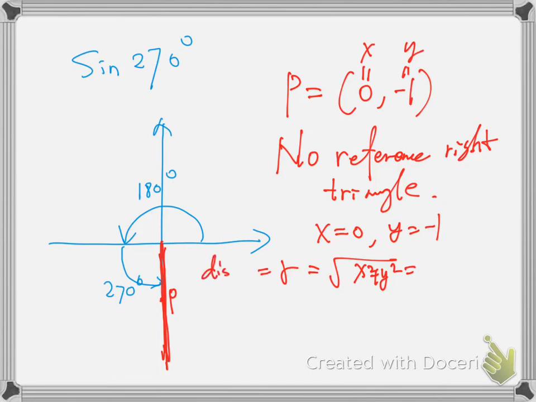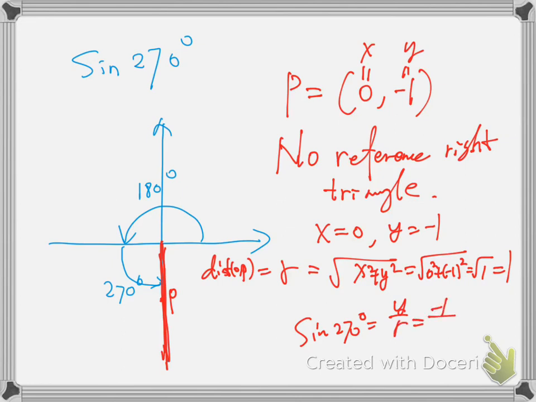But it's the same formula if you look at the format of the formula. So this is 0 squared plus negative 1 squared, so it's radical 1, which is 1. r is 1. Then sine is y over r, so it's negative 1 over 1, which is negative 1. So what's cosine? Cosine is x over r, so it's 0 over 1, which is 0.